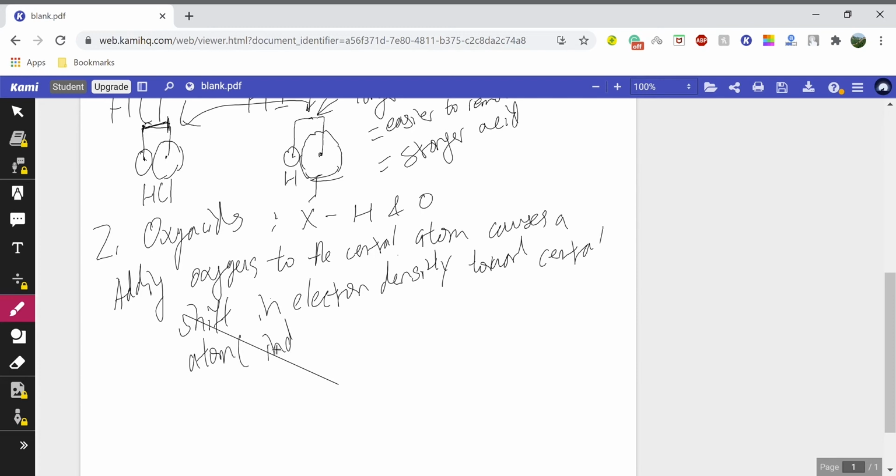And this is known as the inductive effect. Now this shift will cause the OH bond to become more polar. And greater polarity causes the water molecule to be more attracted to the H, causing the acid to ionize.